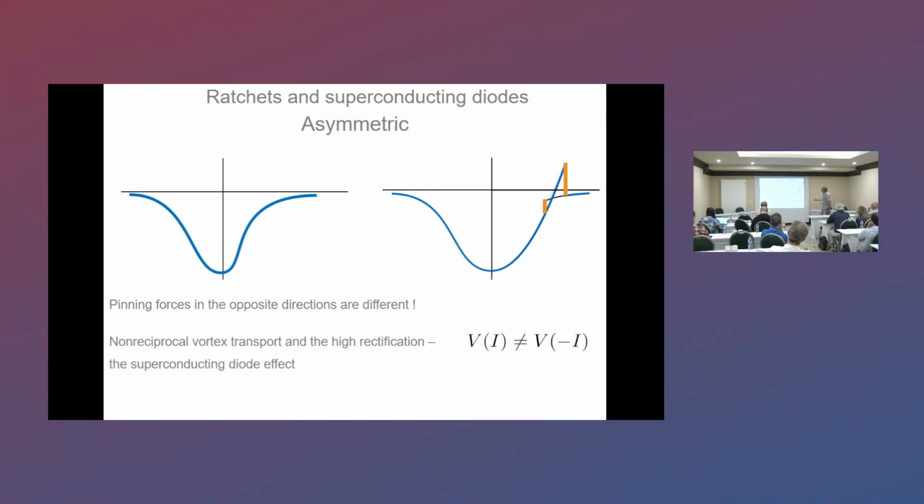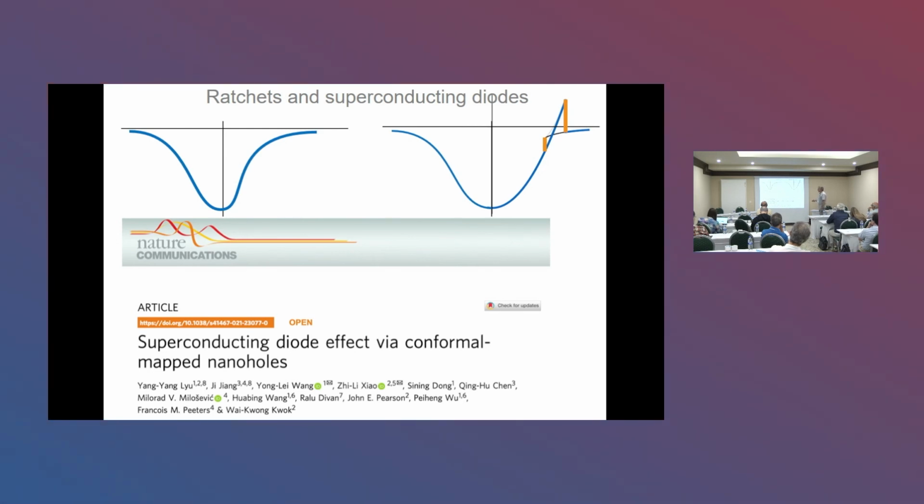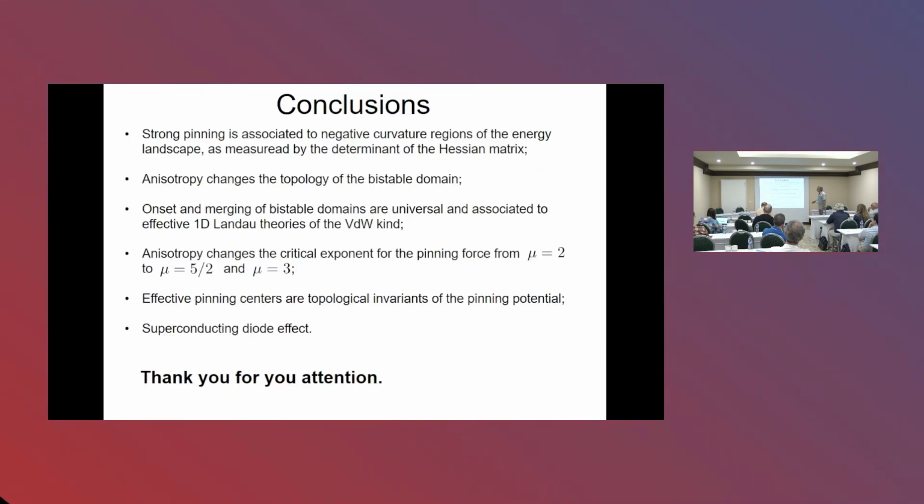And this type of behavior was actually observed at Argonne, where they introduced nanoholes or nanorods. So these are anisotropic pinning centers, and they produce this superconducting diode effect. How useful it is for modern electronics we can discuss separately. So with this, I want to conclude.